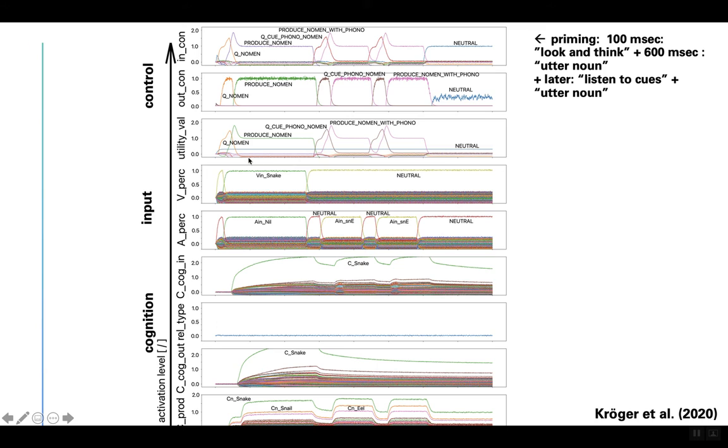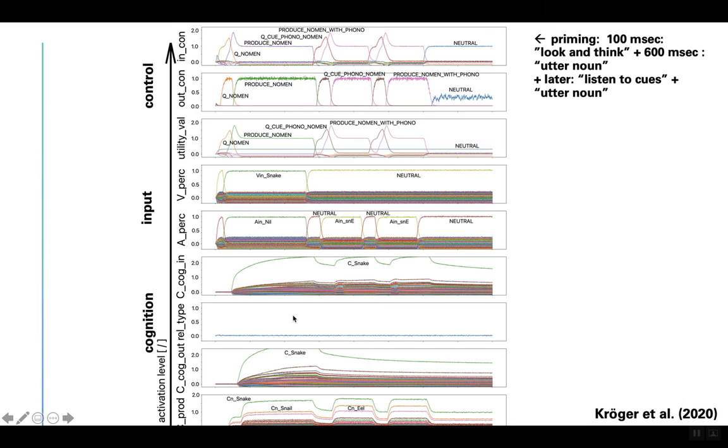So here the control output is try to produce the noun just from the visual input, and here try to produce the noun from the visual input, and in addition you now get a phonological cue. The visual input is only given for the first 800 milliseconds.